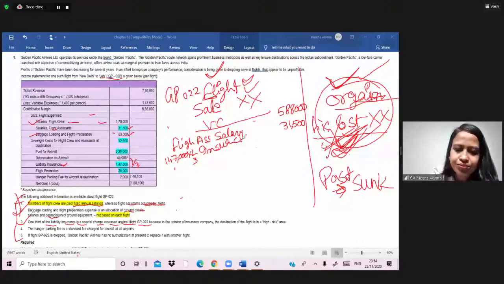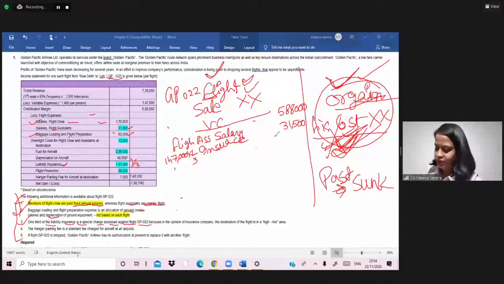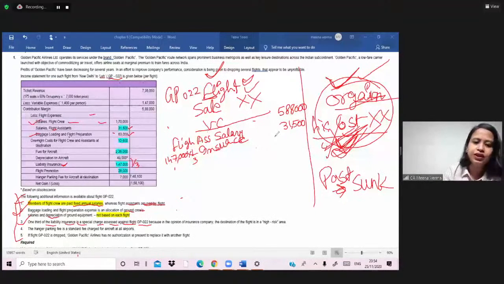ठीक है जी? What will be this value? Tell me. Give me this value. Insurance, you will consider this value, what is it? 31,500?